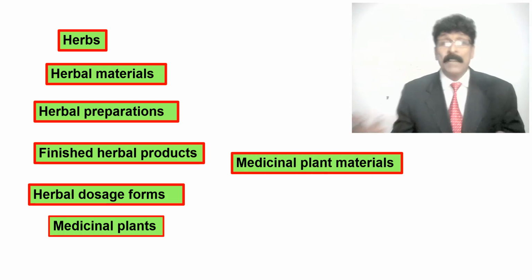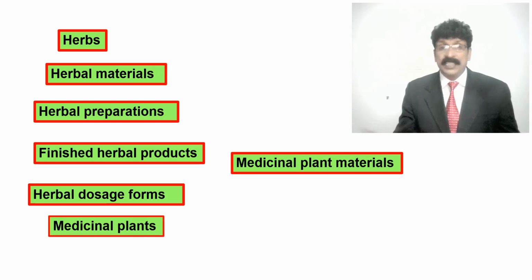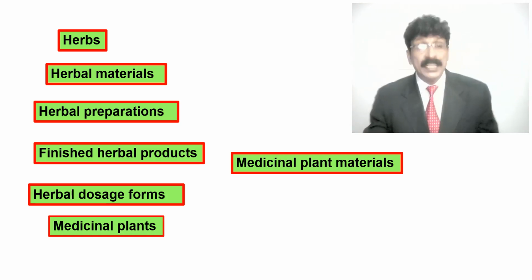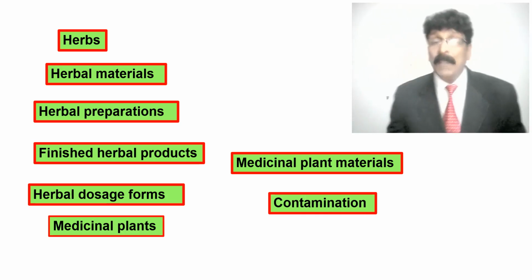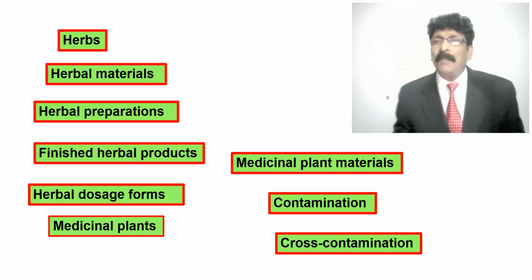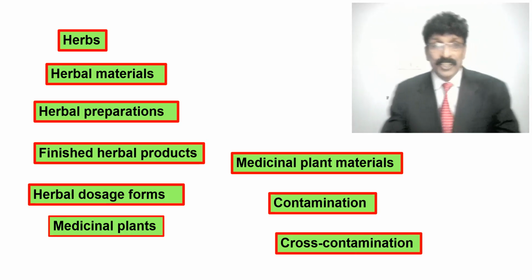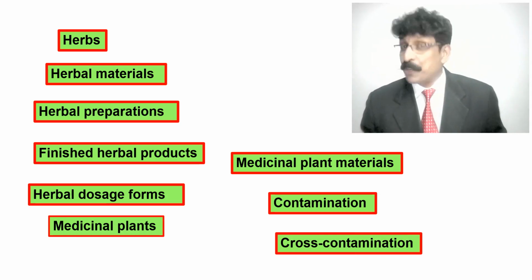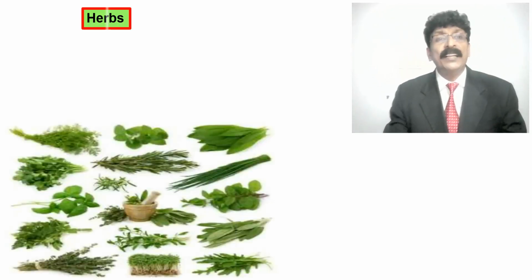And medicinal plant material is herbal material. But we should know that some places use medicinal plant materials instead of herbal materials. What is contamination? We know contamination. And what is cross-contamination? And good agriculture practice: how to maintain the cultivation of medicinal plants.